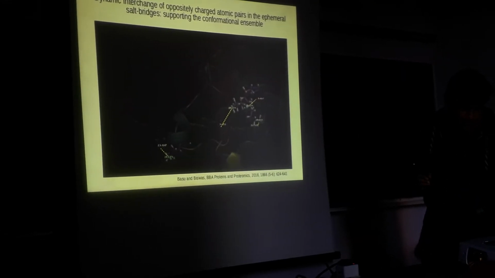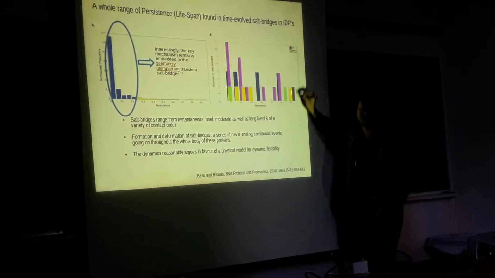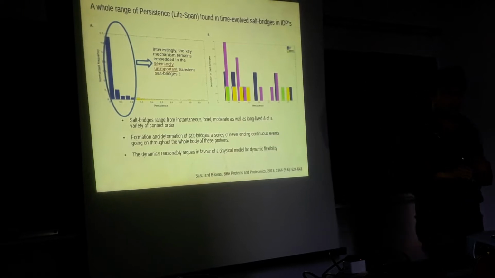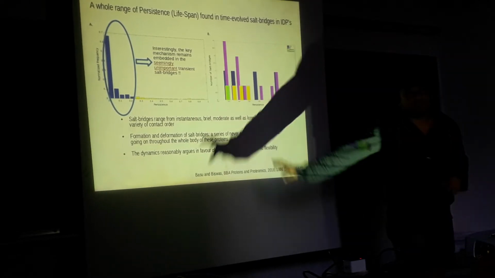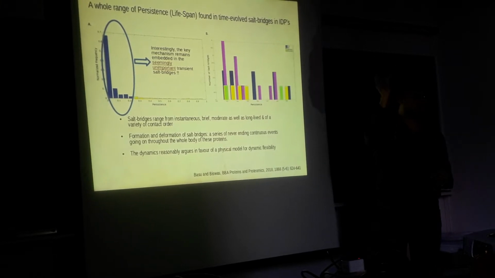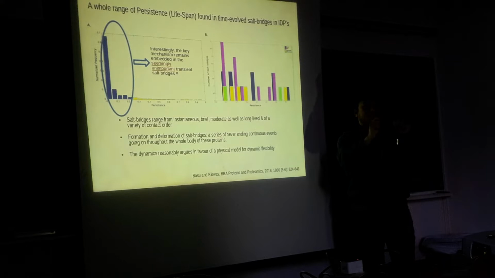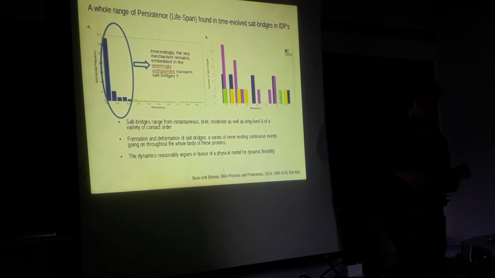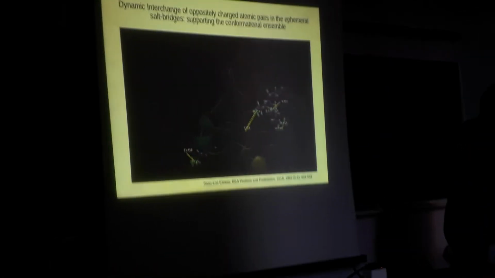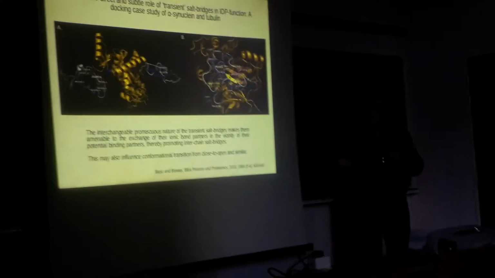If you look at this distribution, there are salt bridges which are persistent, which stay there for long, and these are generally formed with very short sequence separation. That means we don't have to bring together 2 distant parts and keep them close all the time. So they are short-range contacts. And then there are these fleeting salt bridges which are forming and collapsing all the time.